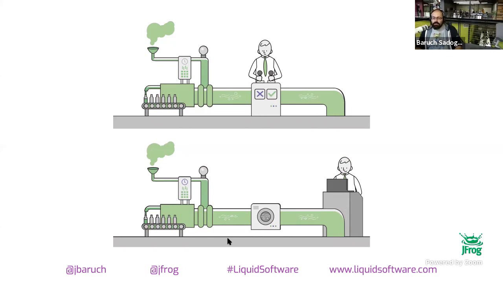Actually, welcoming our robotic overlords that know how to do everything better than us, and especially know how to perform repetitive processes in a predictable and repeatable way. This is where we need to step aside and let the machines take over.